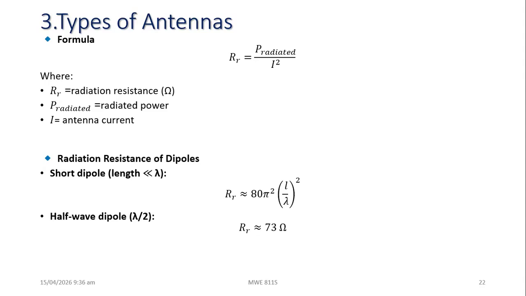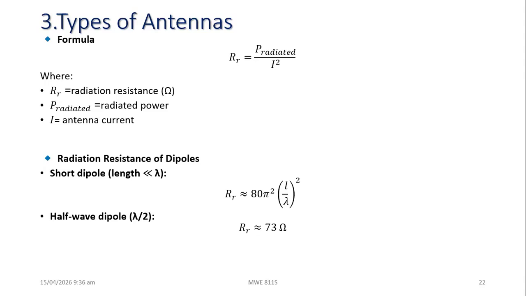The second way you can calculate radiation resistance for dipoles is if you know the wavelength. If that wavelength is far greater than the length of the dipole, which is basically where the dipole is very short and your wavelength is very large, you can calculate it by 80 pi squared multiplied by (L divided by wavelength) squared.